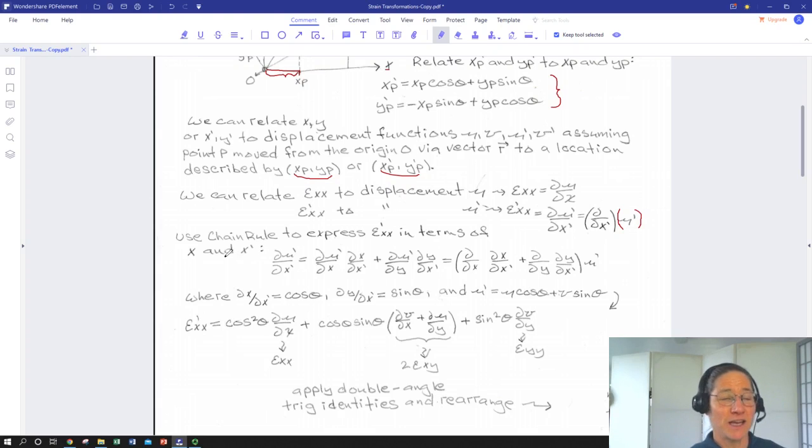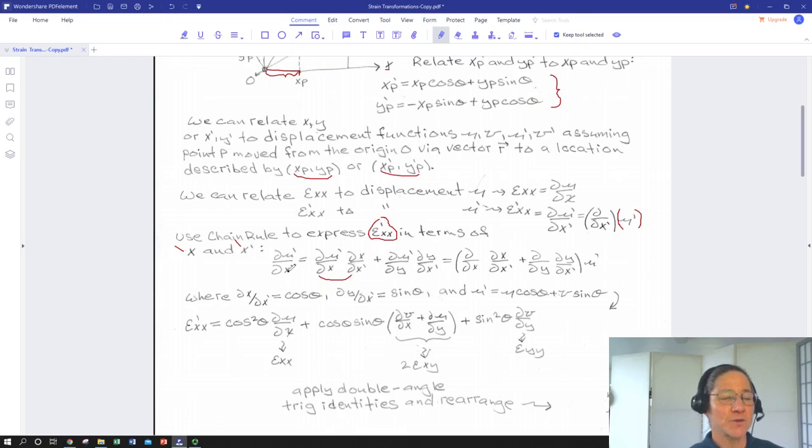Okay, now we haul out the chain rule. So we're going to express strain in our new coordinate system, which is what we're really getting at, in terms of x and x prime. So we're going to start with our partial of u prime with respect to x prime, and we're just going to deploy the chain rule, remembering that u prime is going to have a dependence on both the x and the y coordinate of whatever position we have.